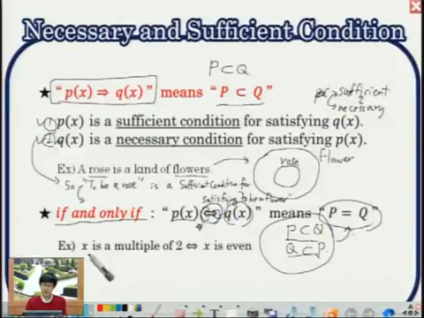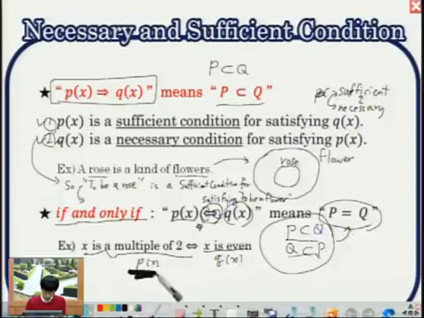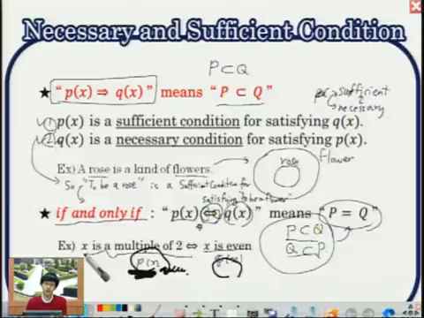So let's look at the example. This will be a condition for Px, and this will be a condition for Qx. So this is Px, and this is Qx. X is a multiple of 2. What do you say to this? Is this the same as x is even? I think so.